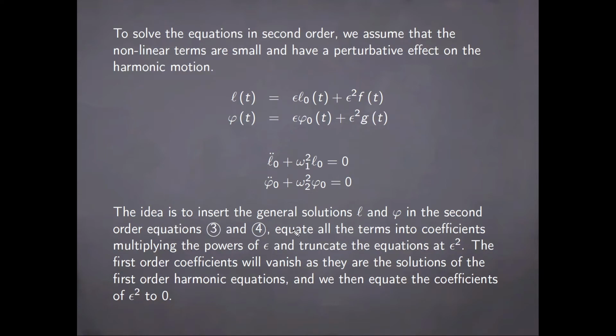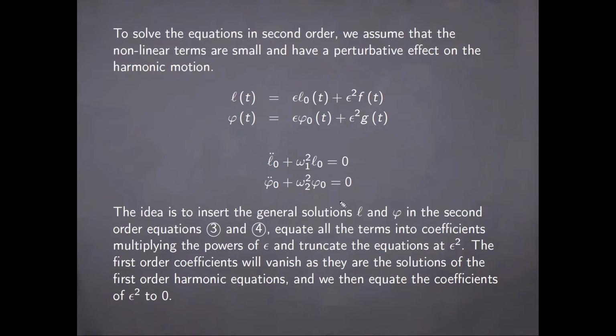The idea is to insert the general solutions for L and phi in the second order equations 3 and 4, equate all the terms into coefficients multiplying the powers of epsilon, and truncate the equations at epsilon squared. The first order coefficients will vanish as they are the solutions of the first order harmonic equations, and we then equate the coefficients of epsilon squared to 0.